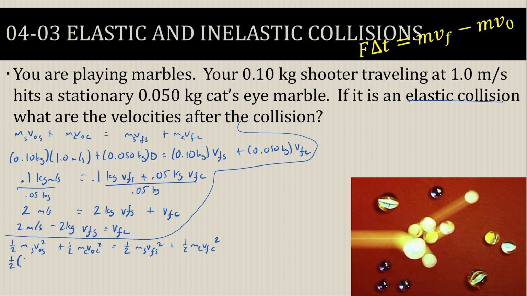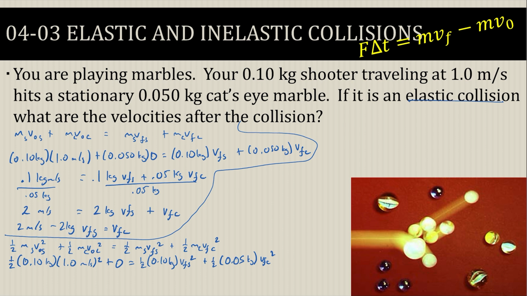The mass of the shooter and its initial velocity squared. The cat's eye is initially stationary, so I'm just going to put a 0 for it. Mass of the shooter times its final velocity squared. Mass of the cat's eye times its final velocity squared.